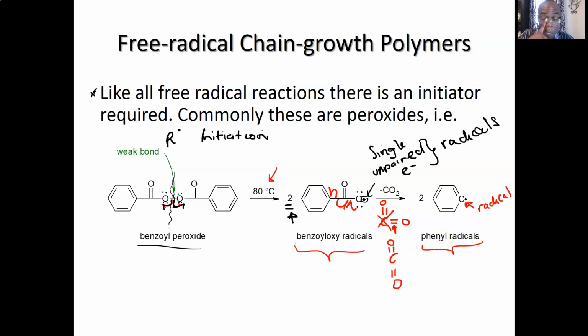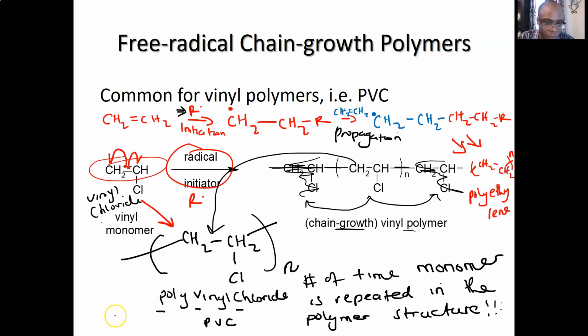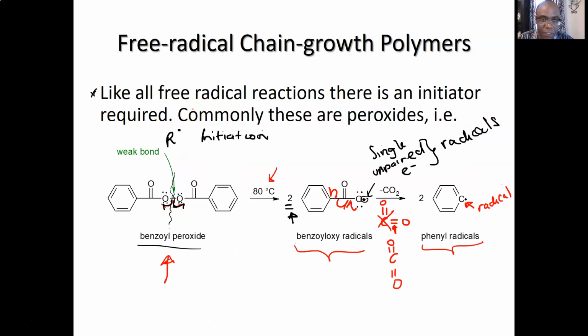So this peroxide is important to make the radicals, and those radicals are then used to initiate the process. For example, if you're using the vinyl chloride that we just looked at, I showed you the shortcut on how to get PVC. It just says radical initiator, and that's what you're talking about.